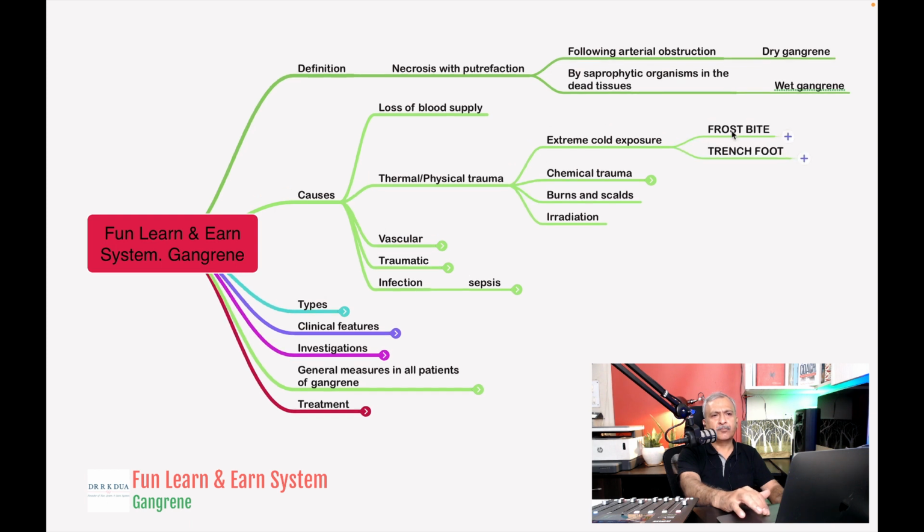Then frostbite and trench foot. Cold exposure with moisture causes trench foot, and frostbite occurs over exposed parts like your fingers, nose, and lips. Then comes chemical trauma.